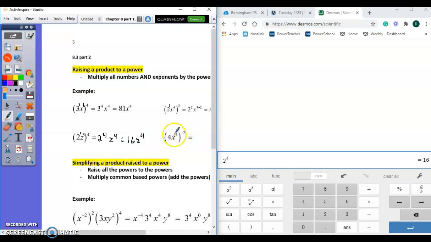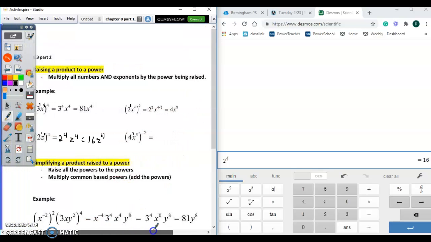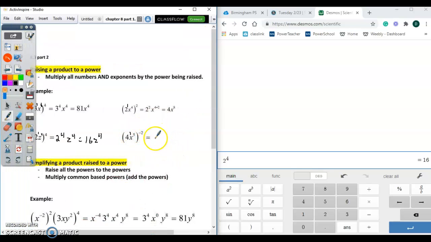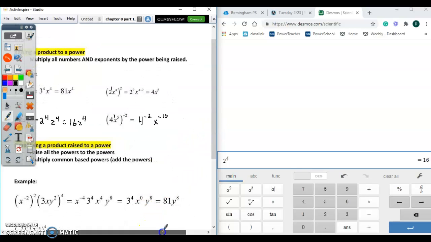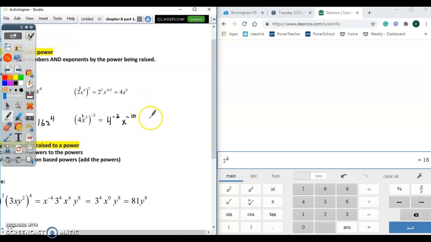All right, so now we have these being raised to the negative 2nd power. So remember that 4 to the 1. So this is going to be negative 2 times 1 is 4 to the negative 2nd power. 5 times negative 2 would be x to the negative 10 power. And what do we do with negative exponents? Well, we move them to the opposite side of the fraction.